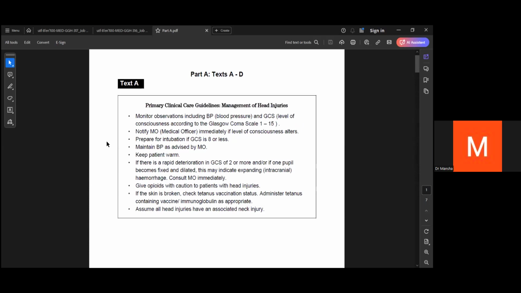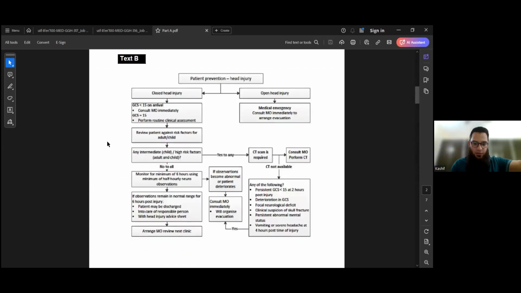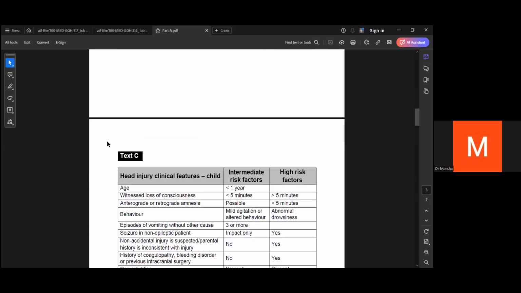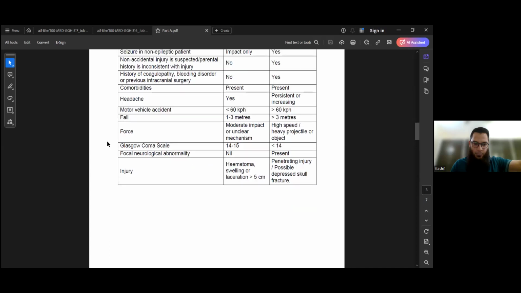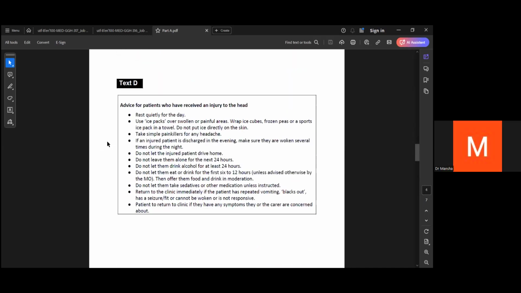Okay, now take a few seconds at text B. See if there is any related information here. Okay, now look at text C. Just write it. Please do not tell me the answer now. Just write it. Okay, and have a look at text D as well.